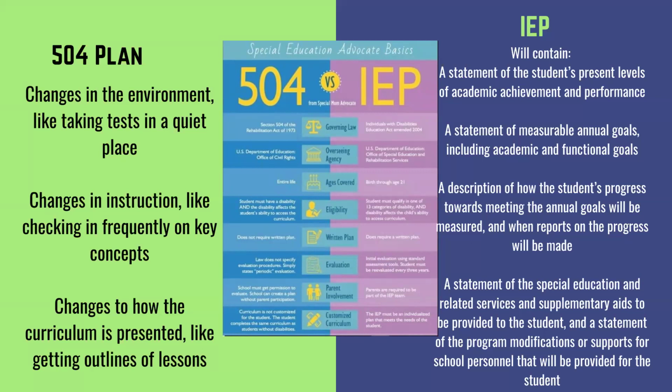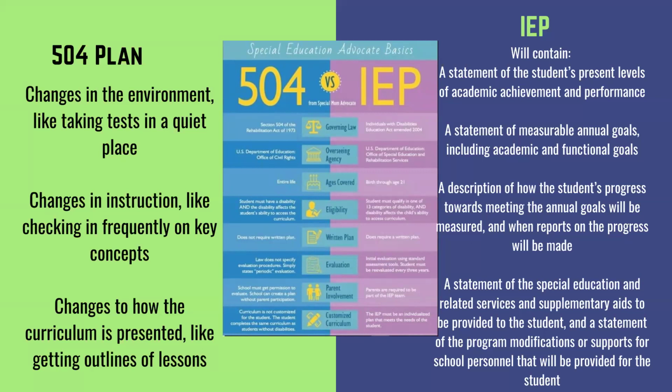IEPs, again, are available to students with one of the 13 specific criteria, such as orthopedic impairments or intellectual disabilities. And schools will evaluate a student to determine whether they qualify for an IEP or a 504 plan. Parents can pay for private evaluations, although schools aren't required to adopt recommendations that come from private reports.